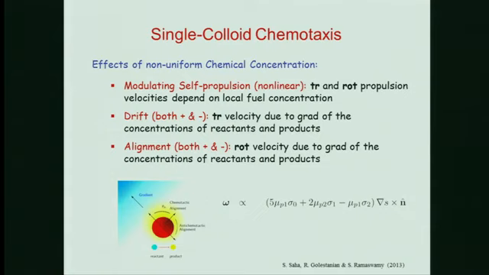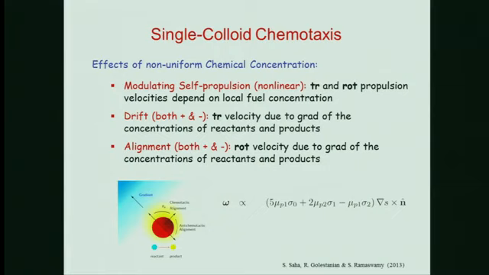Now, I told you that I want to eventually study interaction between all these colloids. So far my two colloids were isotropic, which means that they didn't really have any orientational interaction. If they do have orientational interaction, they will respond to each other's chemical concentration gradient in a number of ways.